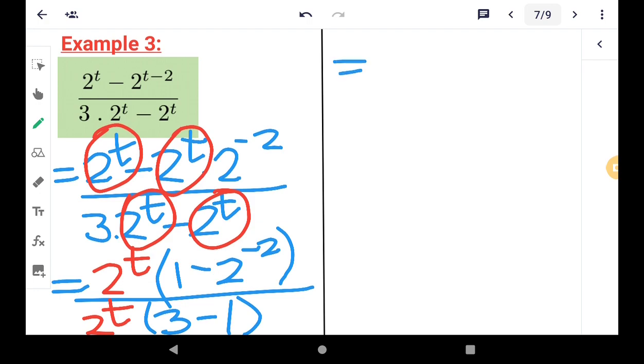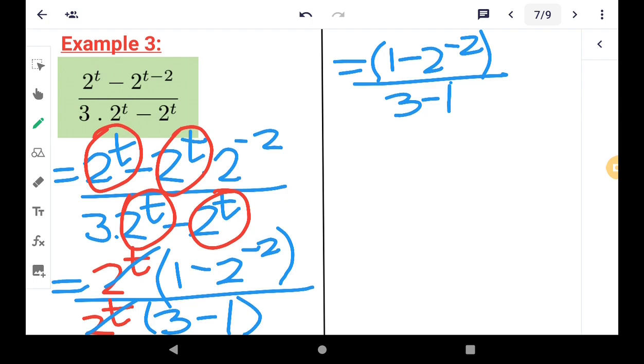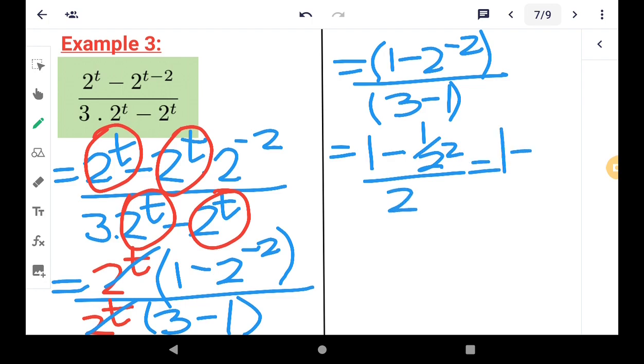Notice that the 2 to the power of t's cancel out and you're left with 1 minus 2 to the power of -2 all over 3 minus 1. 3 minus 1 is equal to 2. 1 minus 2 to the power of -2 is 1 minus 1 over 2 to the power of 2. Take that 2 to the bottom so it becomes positive. And that gives us 1 minus 1 over 2 squared, that is 1 over 4, since 2 squared is 4, all over 2.